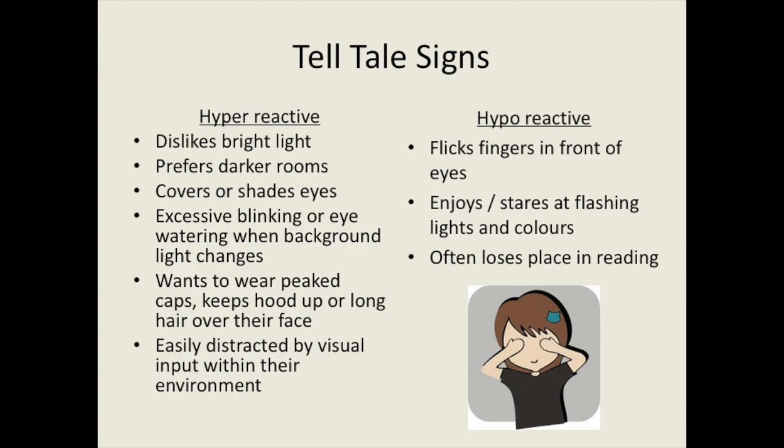And they may be easily distracted by visual input within their environment. For those children that are hyporeactive, you may notice them flicking their fingers in front of their eyes. They may enjoy staring at flashing lights and colours for prolonged periods of time. And they may often lose their place whilst reading.